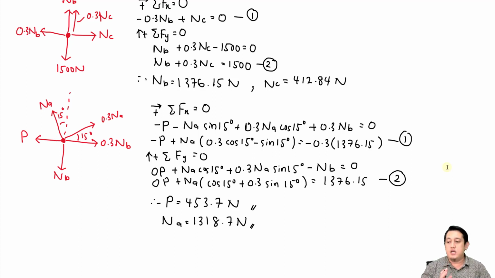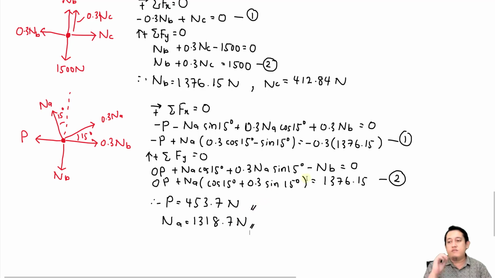After using our calculator, we got the value of P equals 453.7 Newton, and the value of NA is 1318.7 Newton.